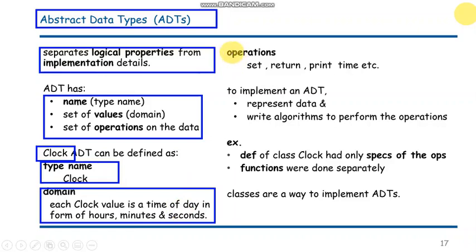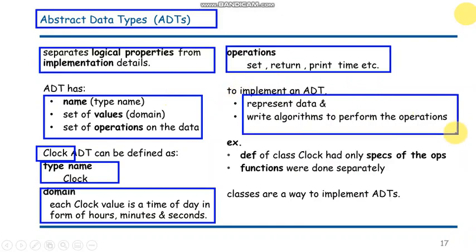But also, in that example, you would see that it had operations or functions: set, print. Now, to implement an ADT, you will represent the data, and then you will write the algorithm to perform the operations. That's what we have been busy with in this lecture.